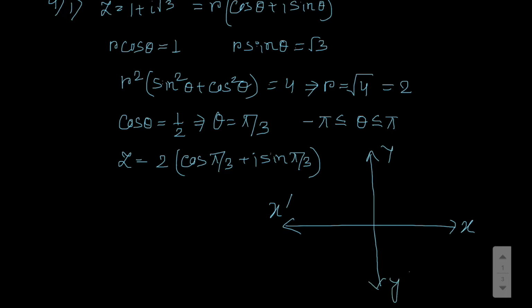This one the origin, as theta equal to pi by 3, so suppose this one is pi by 3, that means 60 degree. So this one equal to theta pi by 3, and mark this one as P, so here OP equal to 2, that means value of r, and the radian measure of angle POX equal to pi by 3.